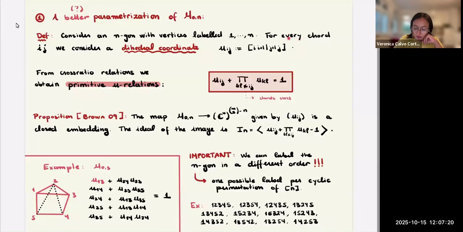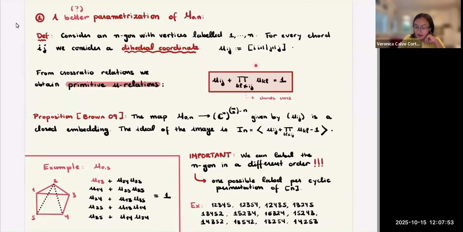In this case, the cross ratio we're considering is [i, i+1, j, j+1]. Using the cross ratio relations that I showed you before, we can obtain the primitive U relations. What are these primitive U relations? For every dihedral coordinate, if we take the product of all of the dihedral coordinates corresponding to the chords that cross it, then this has to add up to 1.